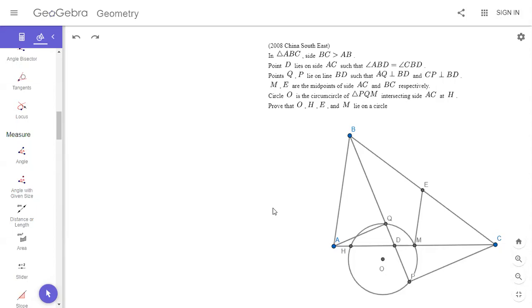Let's see, BQ. Yeah, I think the fact that they're in harmonic conjugation is useful. Trying to figure out how to use it.